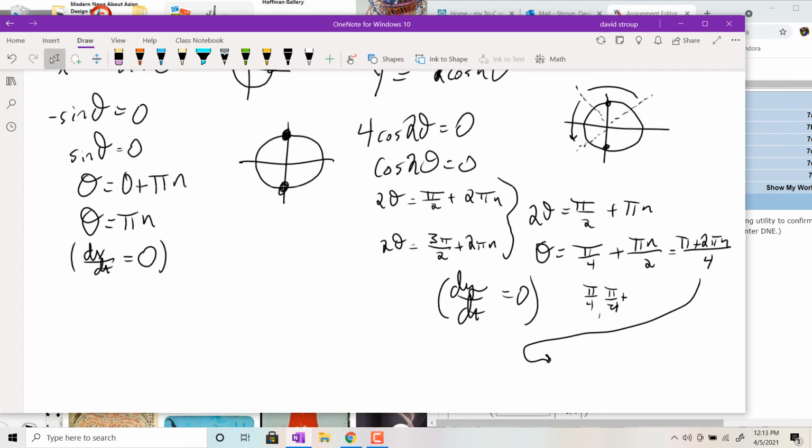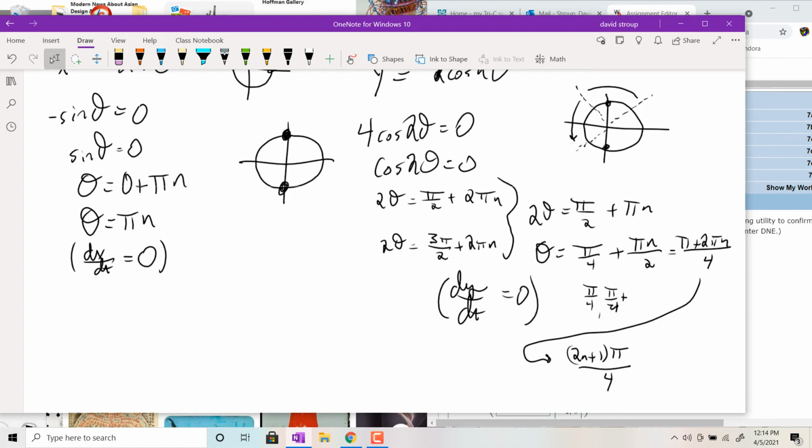Rewriting this, it's going to be (2n plus 1) pi over 4. So it's always an odd multiple of pi divided by 4. So it's never going to be pi over 2 or 3 pi over 2, which wouldn't matter anyways.